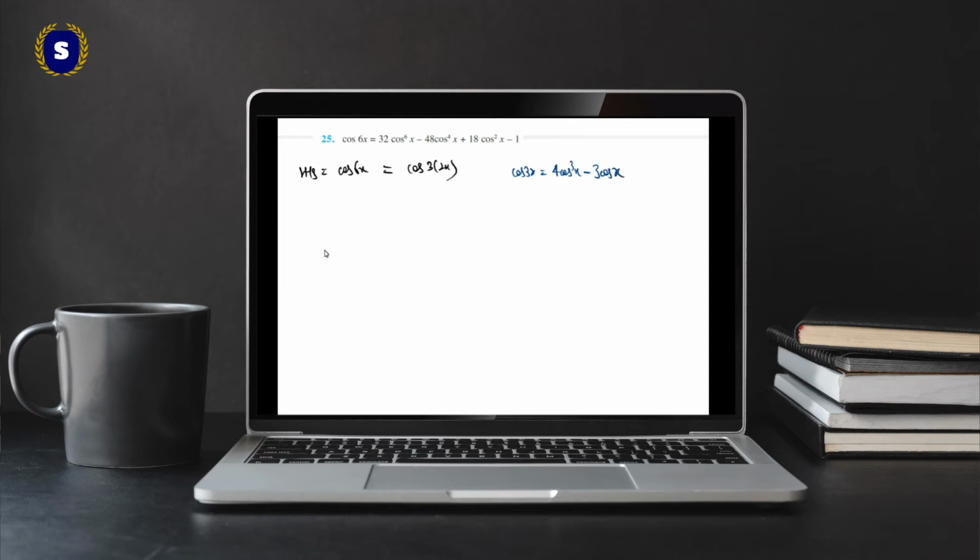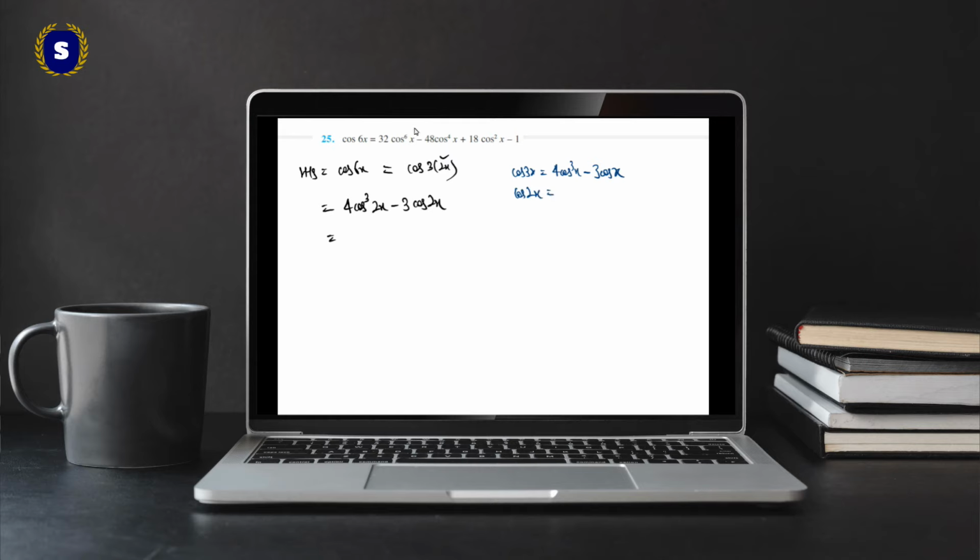So using this identity, we'll get 4 cos cube 2x minus 3 cos 2x, because here the angle is 2x. Now we have to use the identity of cos 2x.